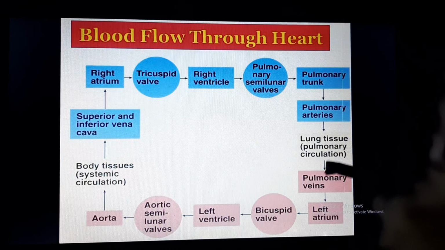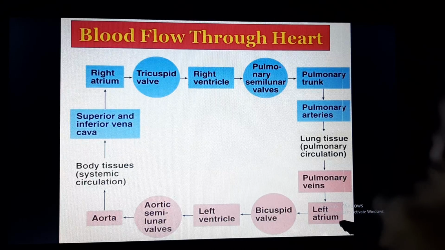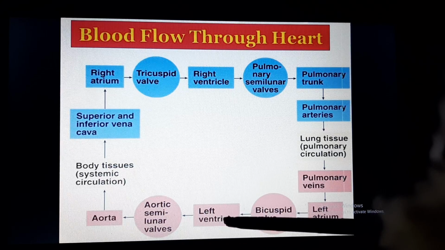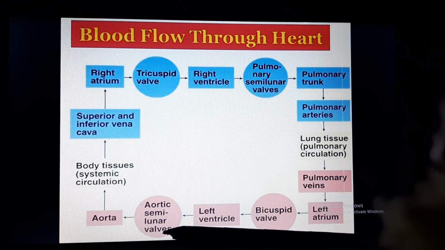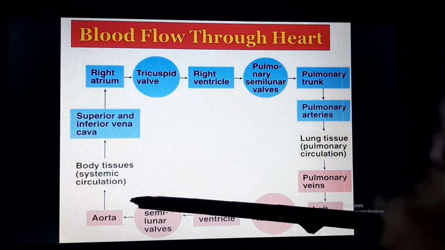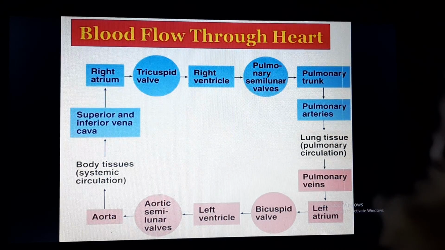Now from lungs, through pulmonary veins, it comes to left atrium. Left atrium and left ventricle are separated by bicuspid valve. And through left ventricle, it is sent to aorta for body tissues. So this is how the blood flows through the heart.